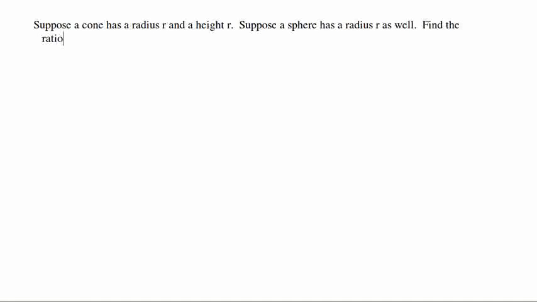Find the ratio of the volumes of the sphere and the cone. Pause the video and work that out now, if you like. All right, I'll go ahead and work it out as well.